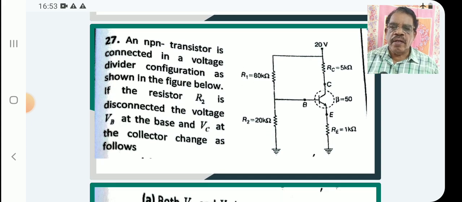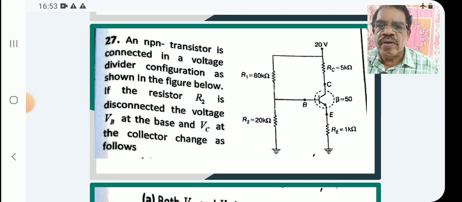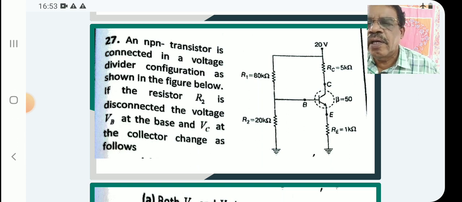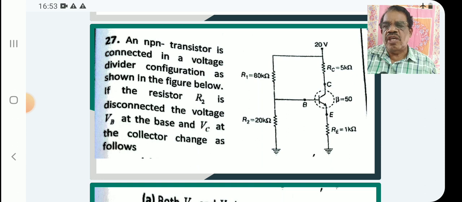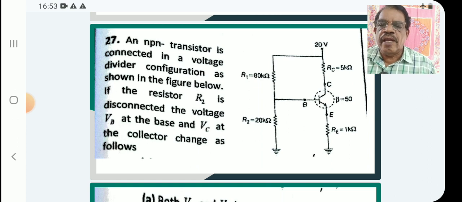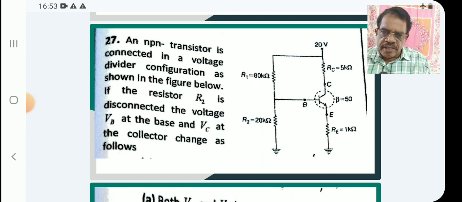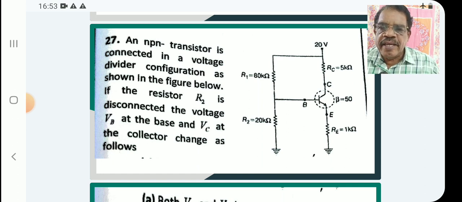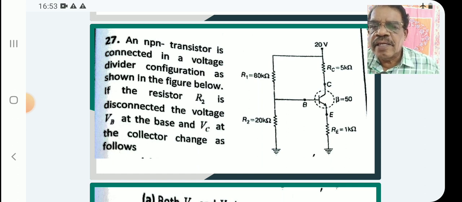And this is a voltage divider circuit, or universal bias circuit, or potential divider circuit. It is given here: a transistor connected in a voltage divider configuration as shown in the figure below. If the resistor R2 is disconnected, we get the base resistor method of biasing.